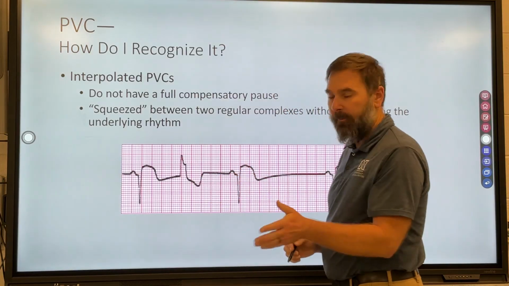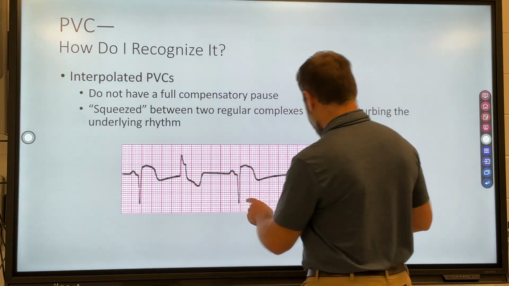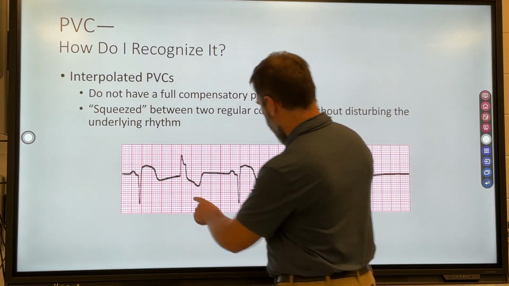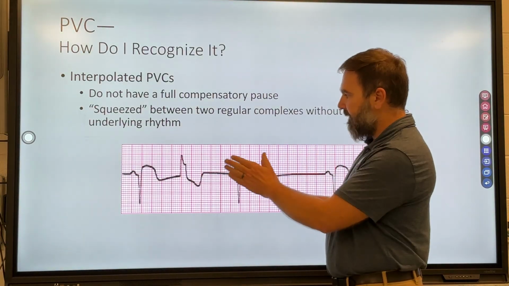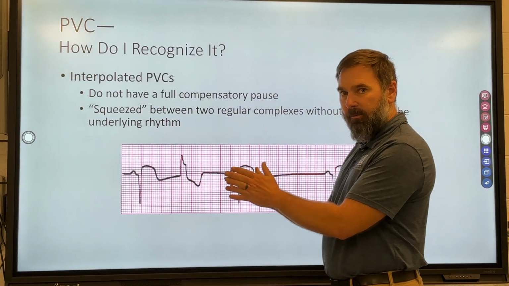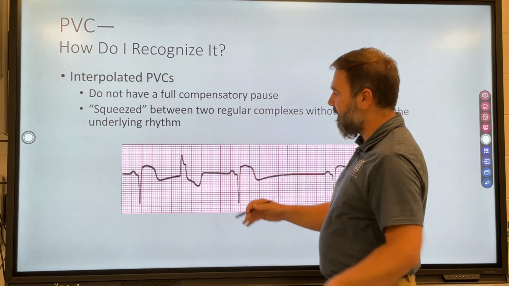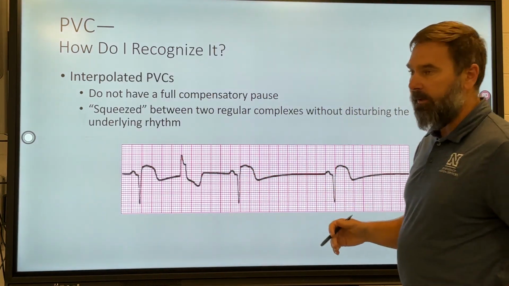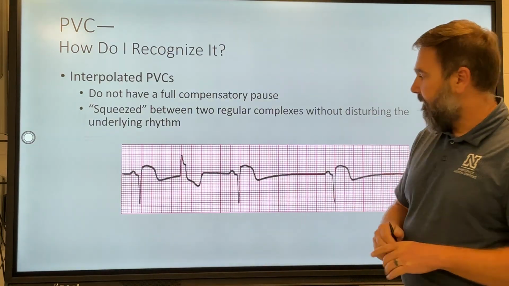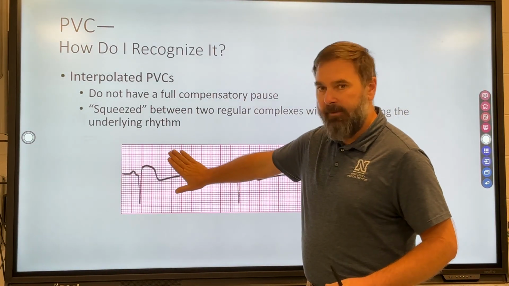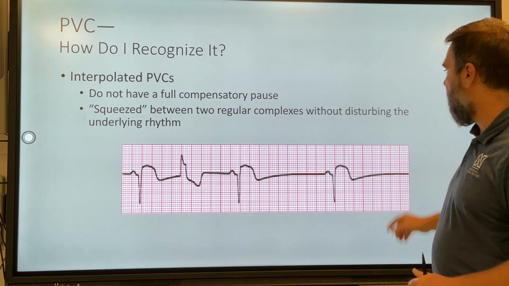If we were dealing with a compensatory pause, that next complex would occur somewhere here. In this case, the interpolated PVCs are squeezed between two regular complexes without a compensatory pause, so it doesn't disturb the underlying beat. Like I said, if we were to take that out, the rhythm would remain regular.